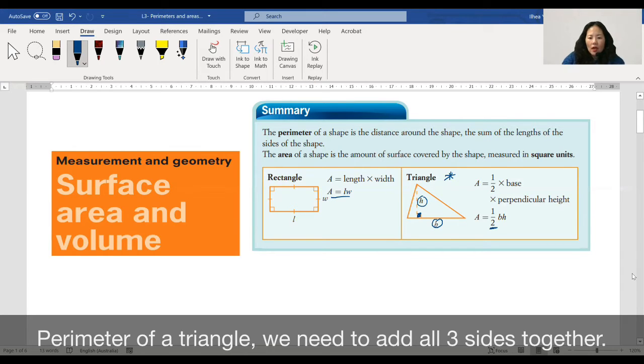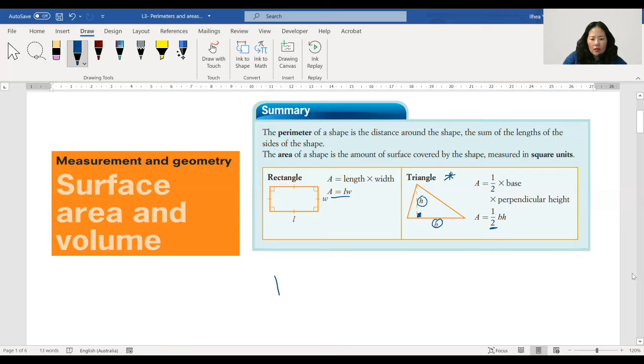Okay, so another thing we need to know, this is the easier one. Say this is a square, right? A square has all 4 sides equal. So for example, if I call one side A, they're all going to be A. So the perimeter for a square will be 4A. Why?